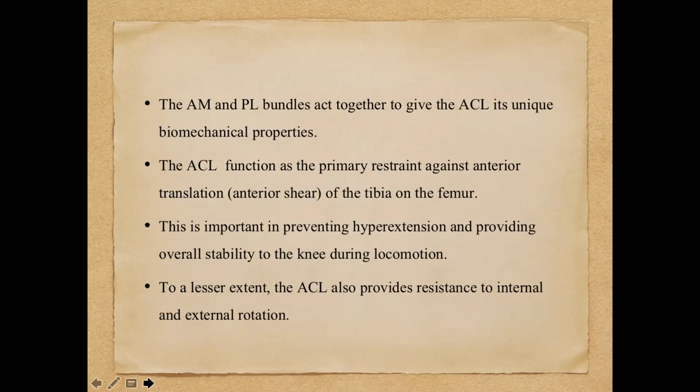They act together to give the ACL unique biomechanical properties, and the ACL functions as the primary restraint against anterior translation or anterior shear of the tibia on the femur. This is important to prevent hyperextension and to provide overall stability to the knee during locomotion. To a lesser extent, the ACL provides resistance to internal and external rotation.